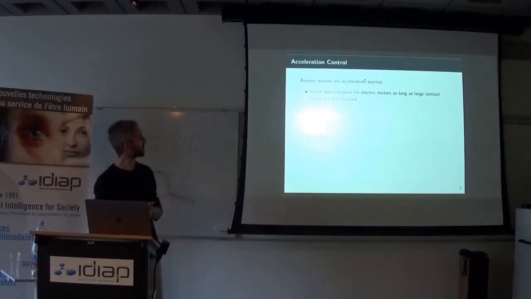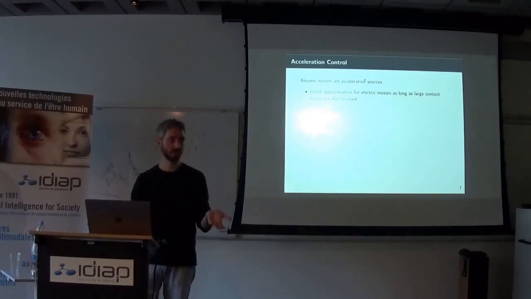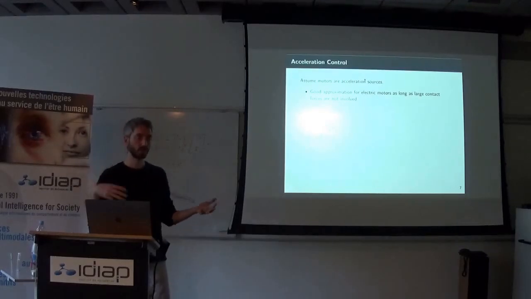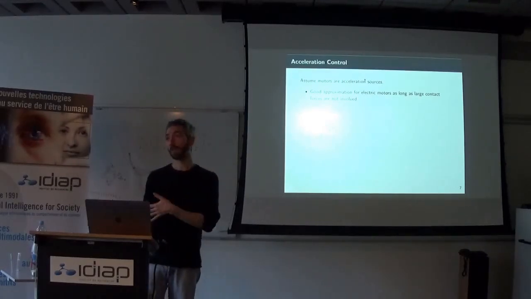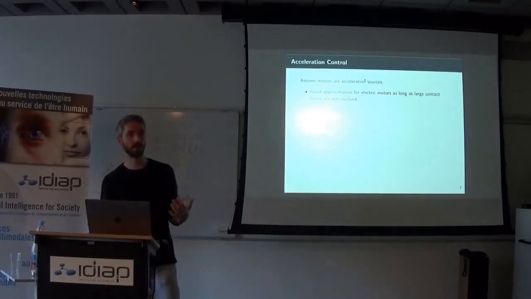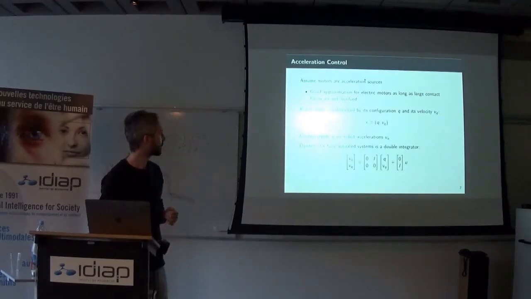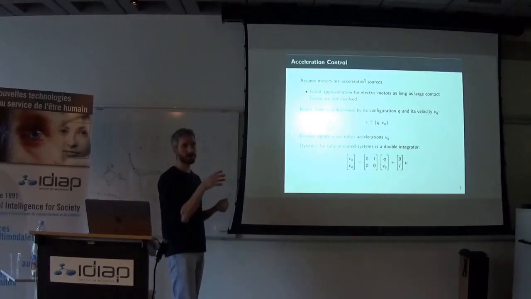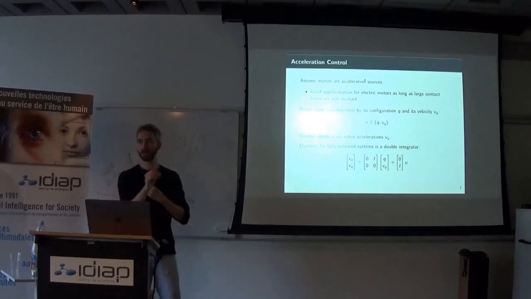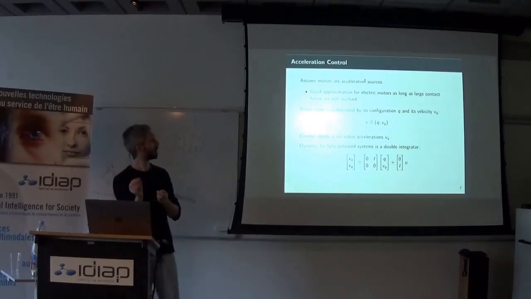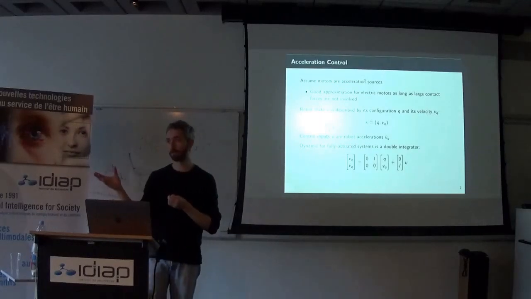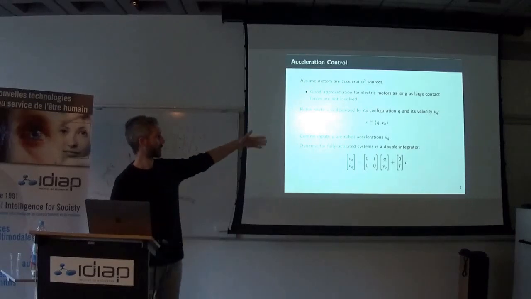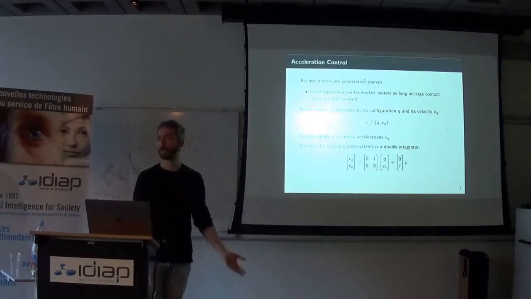So again, it's not a good idea for legged robots, because the robot is always in contact with the ground for locomotion, and so you have large contact forces that are approximately equal to the weight of the whole robot. In this case, the main difference with respect to the previous case is that the state does not include only the configuration, so the positions, but it includes also the velocities. The control inputs are the accelerations, and the dynamic is a simple double integrator.